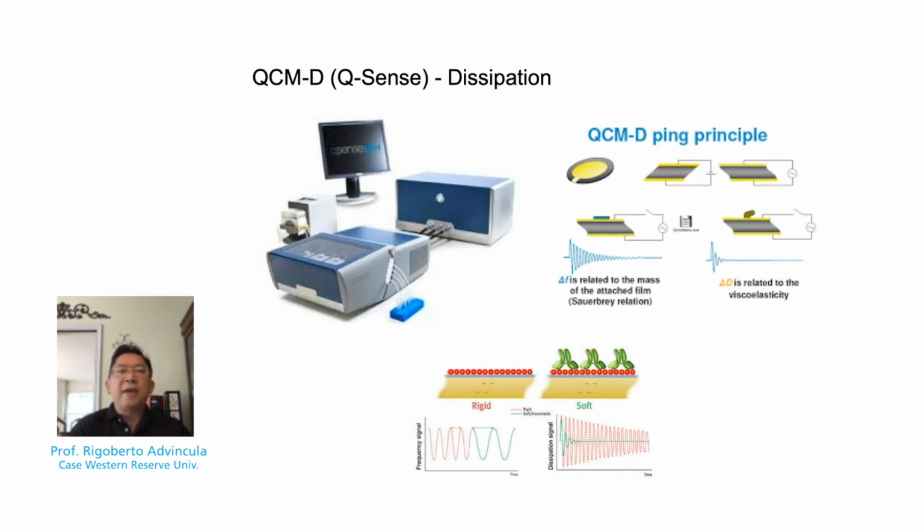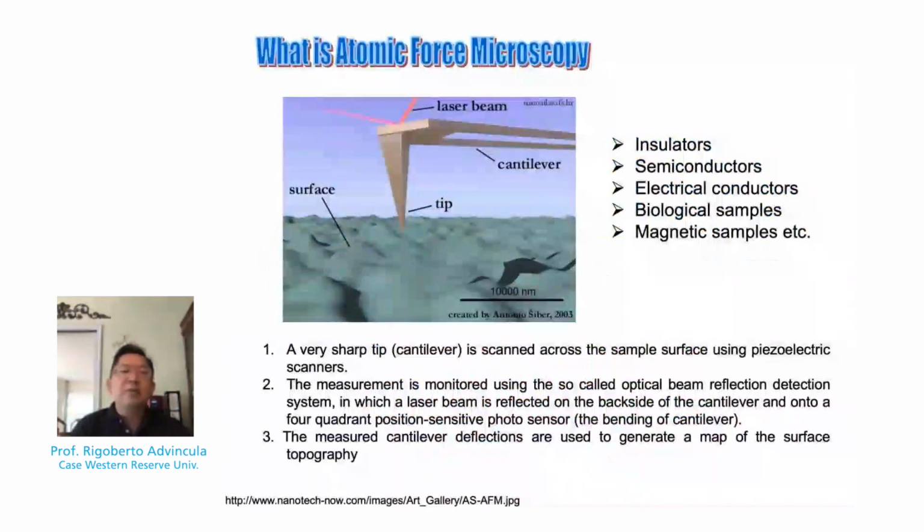So in AFM, atomic force microscopy, which is a surface probe microscopy method, can be used to analyze surface forces, viscoelastic forces, and more importantly, morphology, topology on surfaces as visualized in a micrograph.